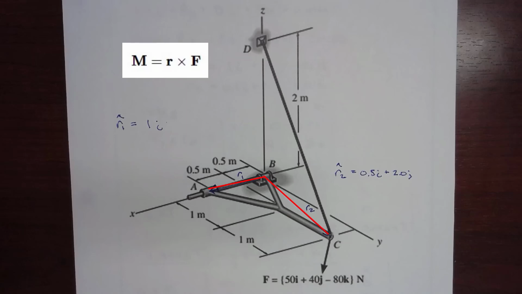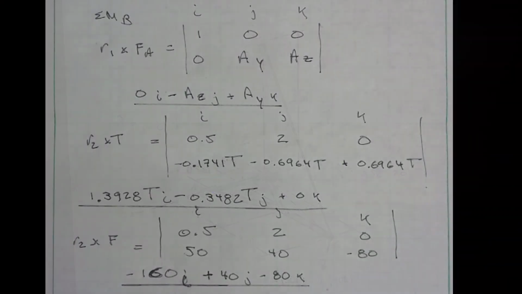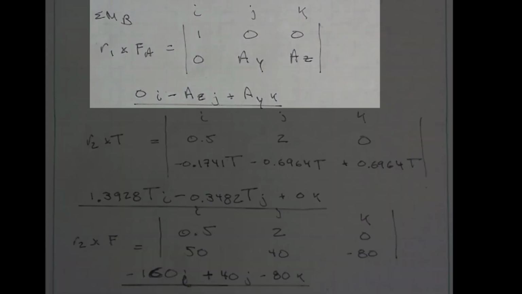So we're going to then do the summation of the moments at B. We're going to start with force A, so we'll do R1 cross force A, and we set up our matrix as such, and then we solve for that, keeping them in i, j, and k, and we get 0i minus Az j plus Ay k.